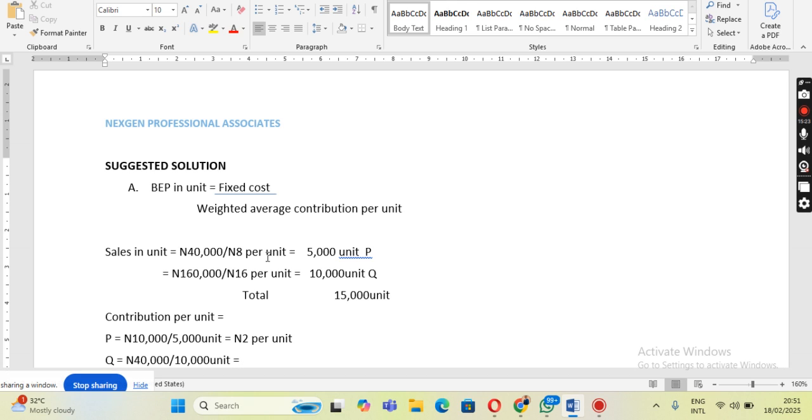Sometimes unit will not be given to you. If you have selling price per unit and you have total sales, naira can cancel naira, and definitely you will have units. You can think and get your units.